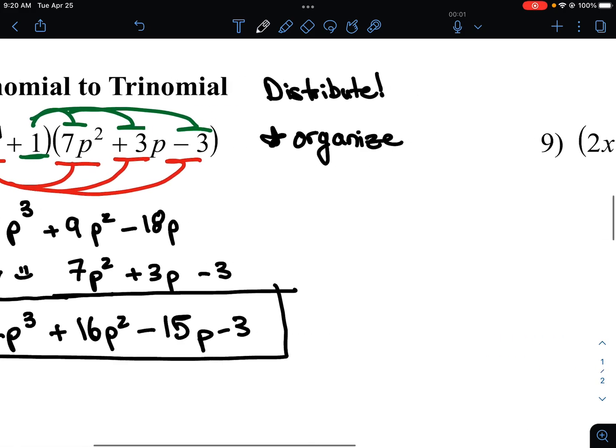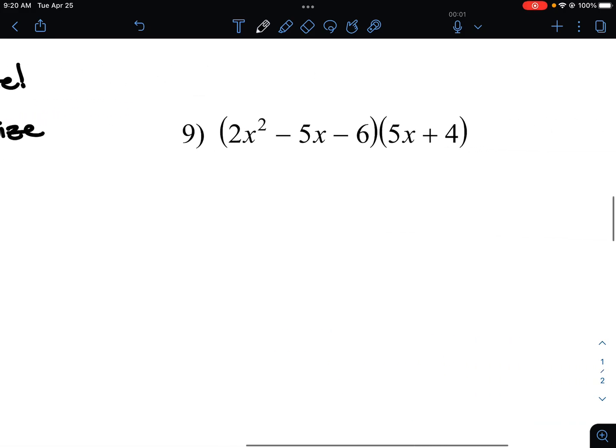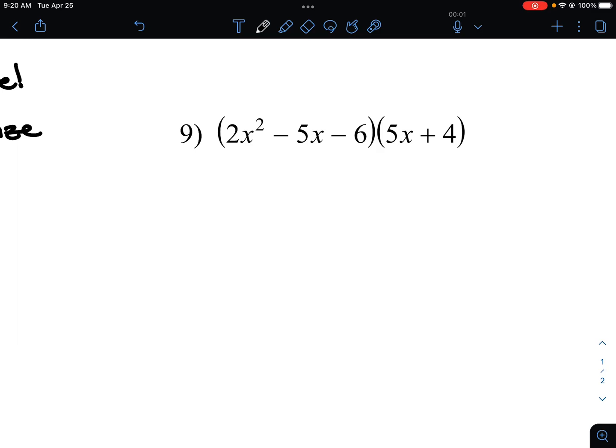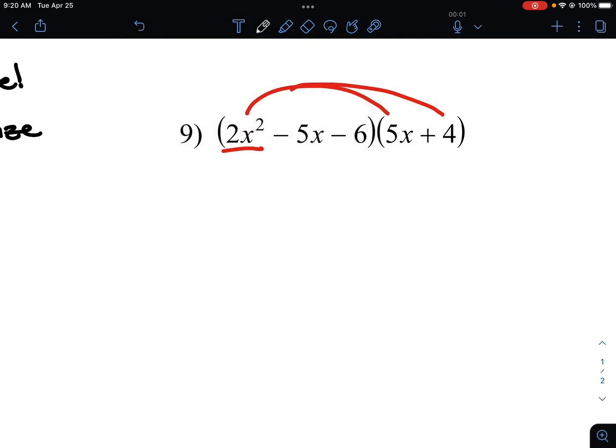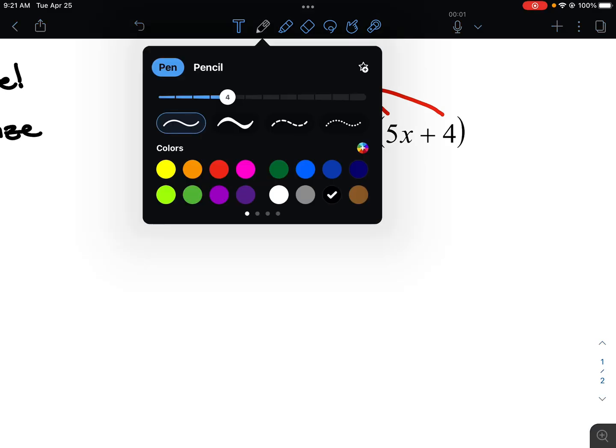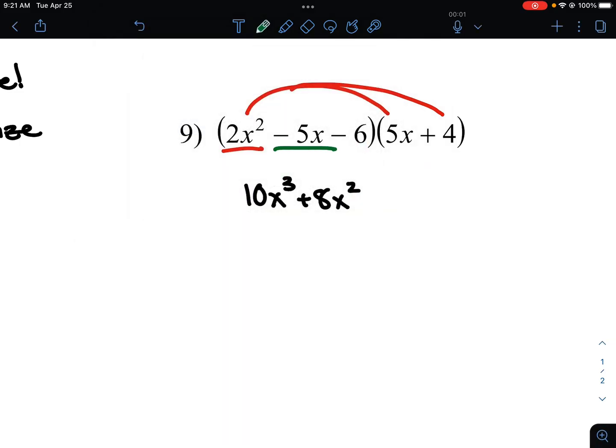The last one then, for real, is this one here. So just a little bit different in that it's backwards. Not so scary, though. We can repeat that same idea. Take 2x and multiply it to both of those things in the binomial. So that's going to be 10x to the third plus 8x squared. Next up, focus on negative 5x.